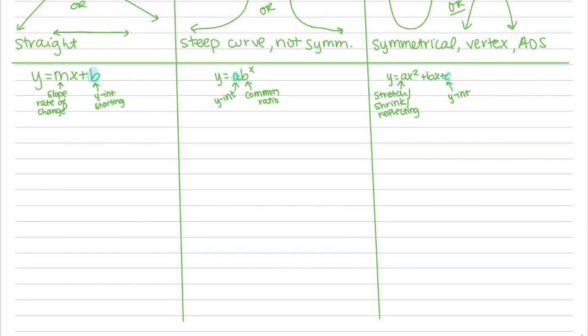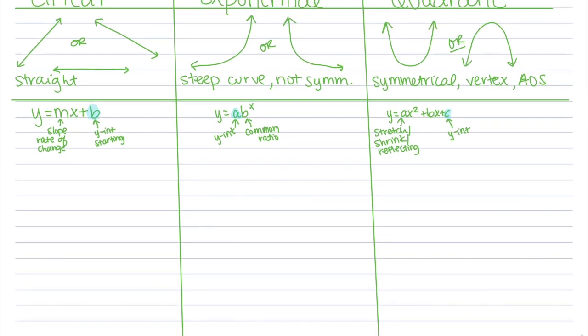They all have an x and they all have a y. But how are they different? So the linear ones, they have an exponent that is just 1. So the exponent of x is 1.